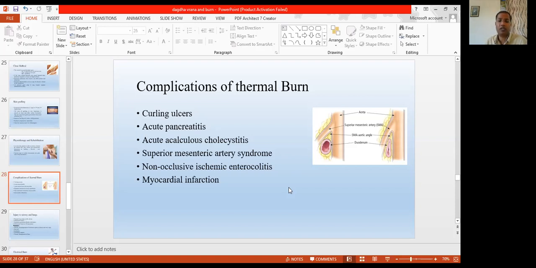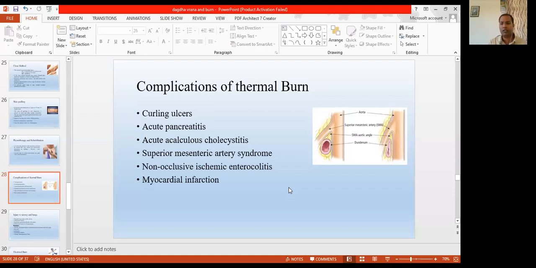And next is the superior mesenteric artery syndrome. This is a syndrome which is often seen in the burn patient. The exact etiology is not known, because the duodenum usually passes in between the aorta and the superior mesenteric artery.